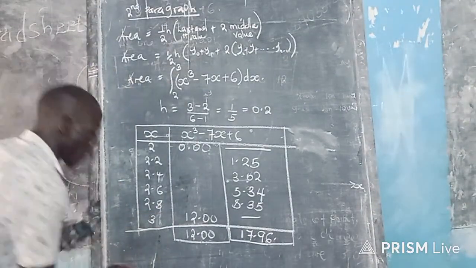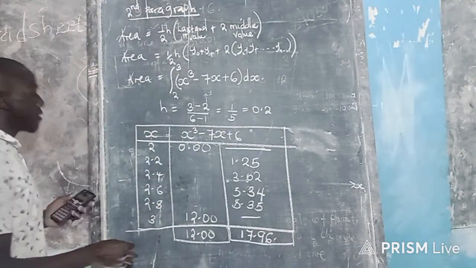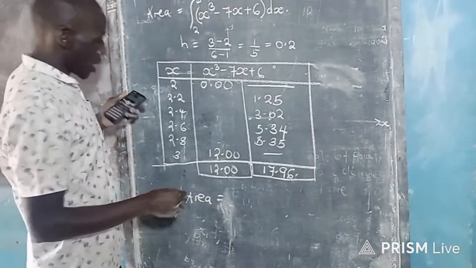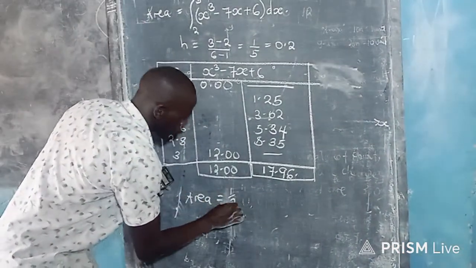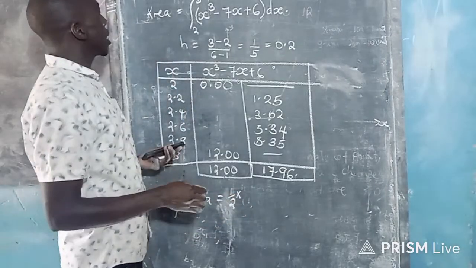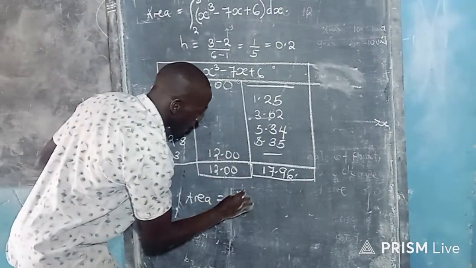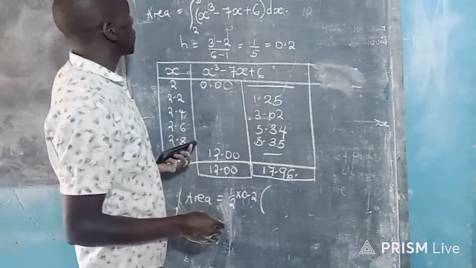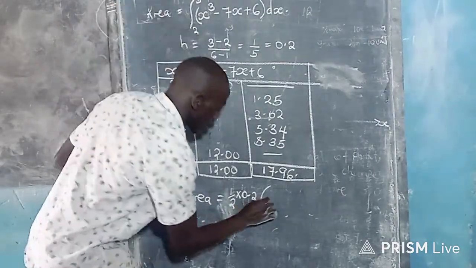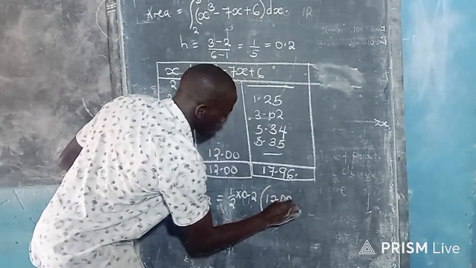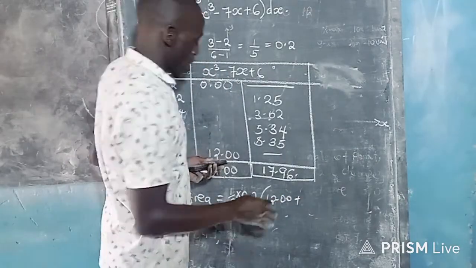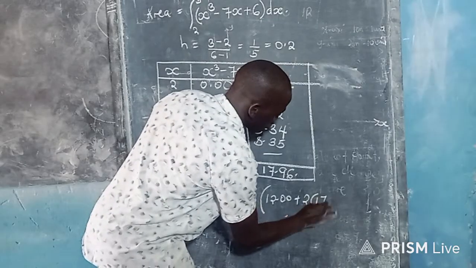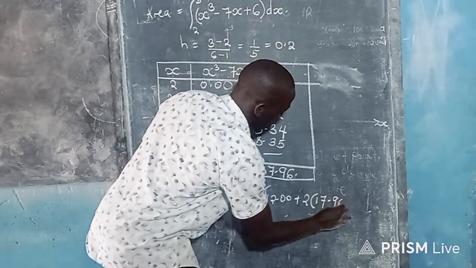So meaning that we can now get our area by putting in the formula. I'm going to say area is given by half of our h, that is the interval of 0.2, in the bracket the sum of the first and the last value, that is 0.0, plus 2 times the middle values, that is 17.96.